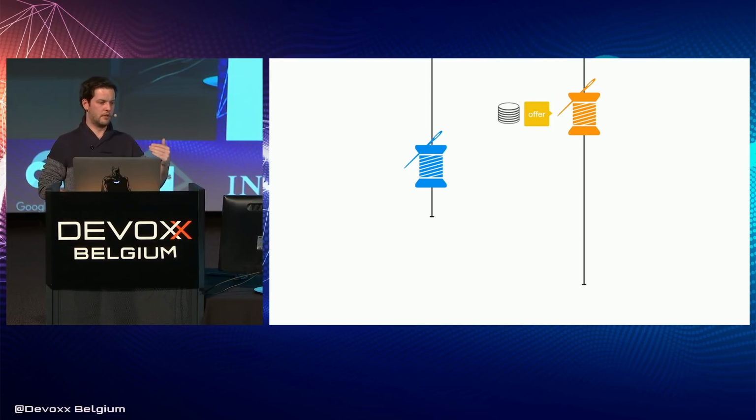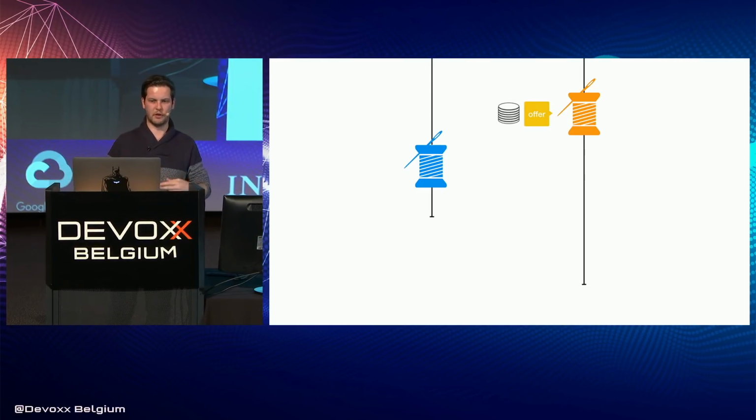The first one, the orange thread, receives a new element. It will push that element to the queue, which is a thread-safe data structure in this particular instance, of course. So it will offer that element to the queue, and then it will perform a compare-and-set atomic operation to check that nobody is already working on that queue.